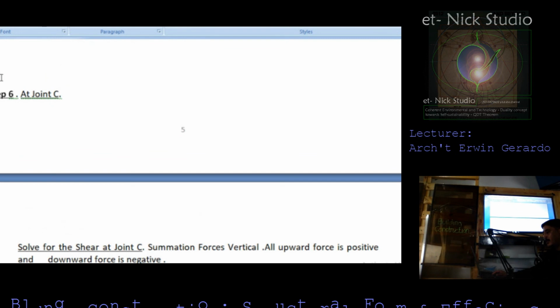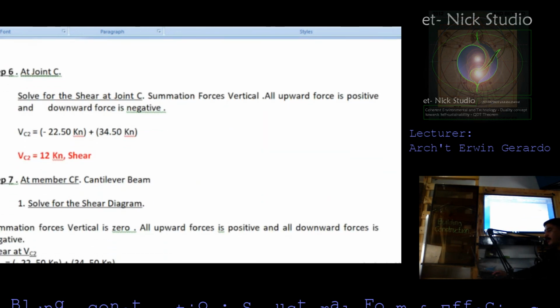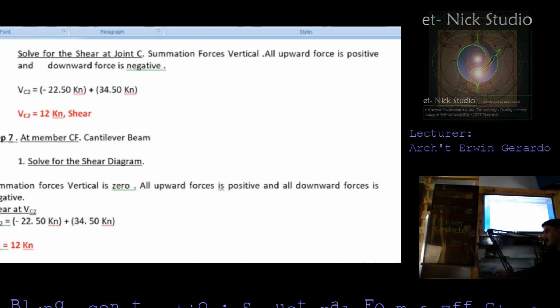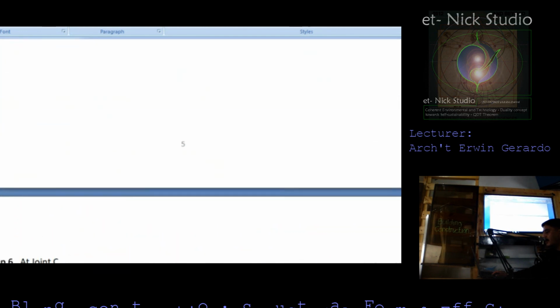At joint C, you need to solve for joint C. So the summation of vertical forces: all upward forces are positive and downward are negative. So VC2 is negative 22.5 kilonewton plus 34.5 kilonewton, therefore VC2 is 12 kilonewton positive.